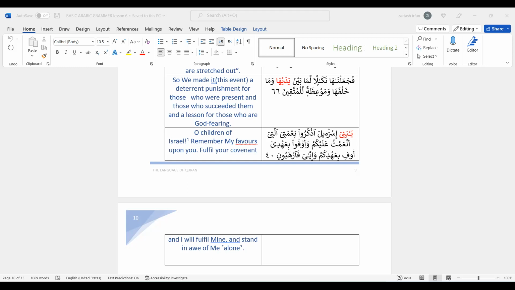That is, one is mudaf and the other one is mudaf ilayhi. So when the mudaf ilayhi is a musharun ilayhi, we put the ismul ishara in the middle of our phrase. Hazihil binti, this girl's book, or book of this girl.